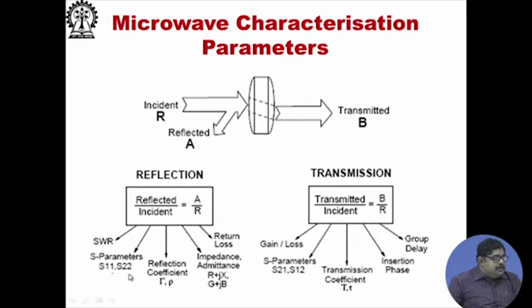S parameters S11, S22, reflection coefficient gamma, voltage reflection coefficient, power reflection coefficient, return loss, impedance, admittance. Similarly, transmission is B by R, that is given by gain or loss, S parameters, transmission coefficient T, insertion phase, group delay, etc. So, these are various parameters used to characterize either reflection or transmission of waves at microwave frequency.